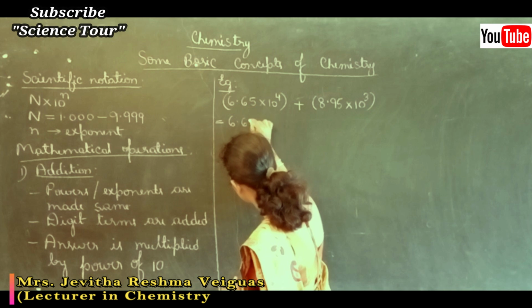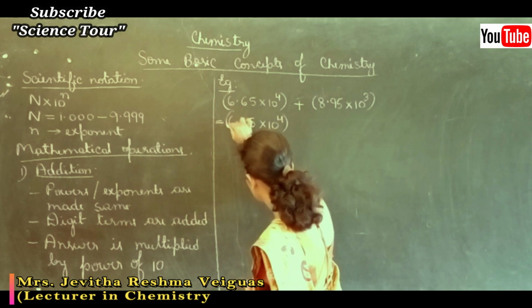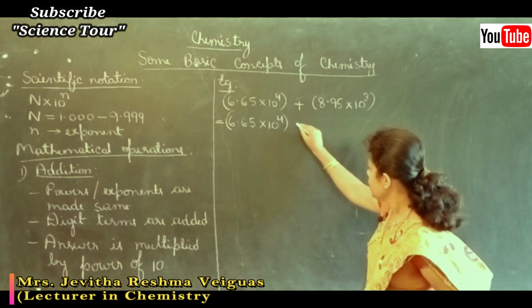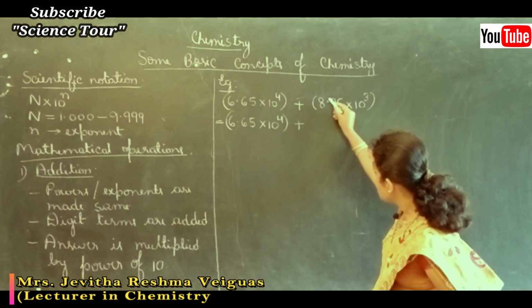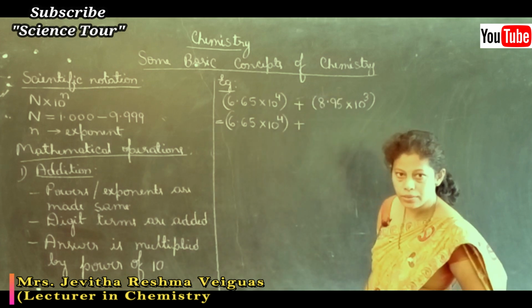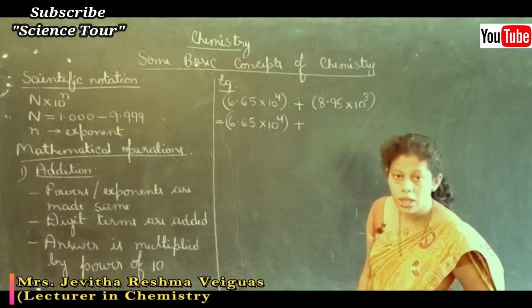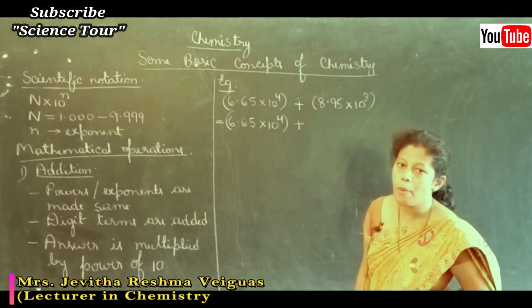I'll keep the first term as it is, 6.65 into 10 to the power 4. Second term, I'll shift this decimal point 1 digit to the left. If you shift the decimal point to the left side, power of 10 will be positive.